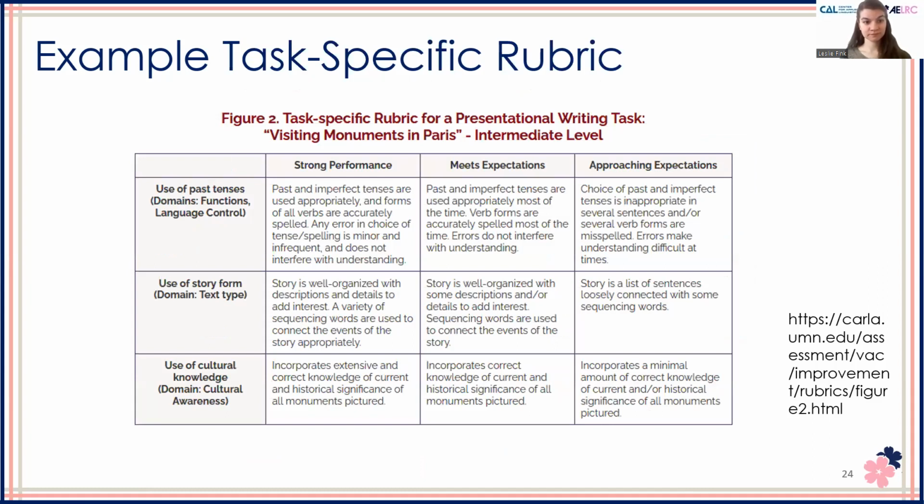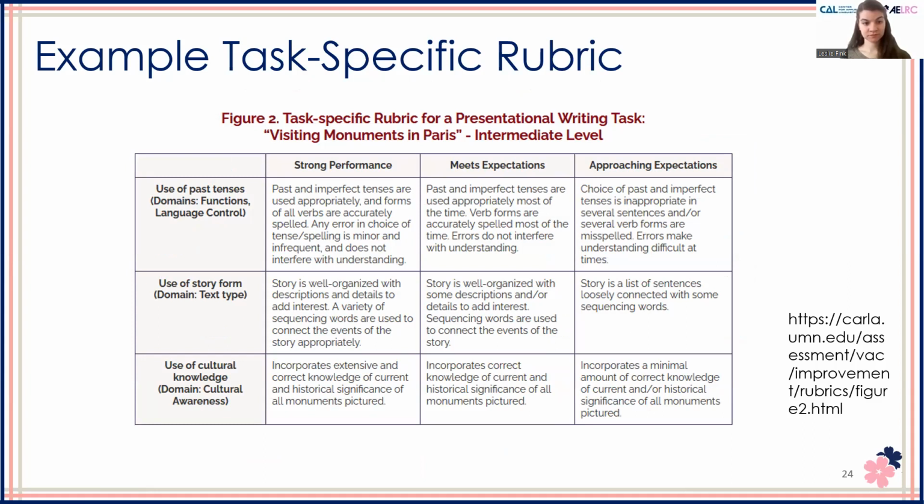On the other hand, here is an example of a task-specific rubric for a presentational writing task that's specifically about visiting monuments in Paris. As you can see, this one is more tailored to the story format that's used in this task. It is also more specific about the tenses that are used and the content of the writing, which focuses on monuments.